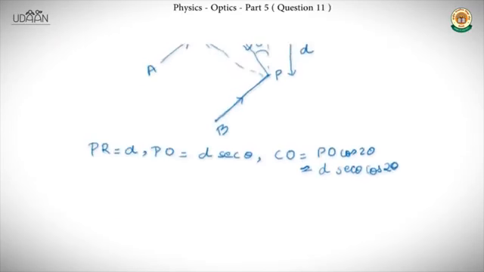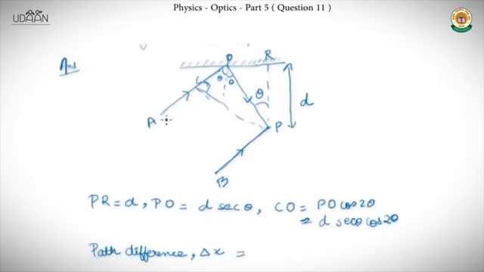Now the path difference delta x: as the wave is traveling from here to here to here, this AC wave is traveling an extra path from PO to OC.